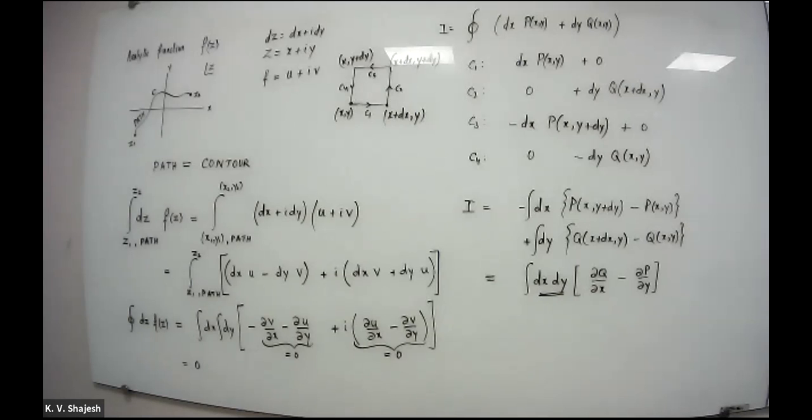Just with this, you can do everything in complex analysis. That's why Cauchy almost finished complex analysis. That's kind of a popular statement. He hardly left anything, only simple things, for others to work on.